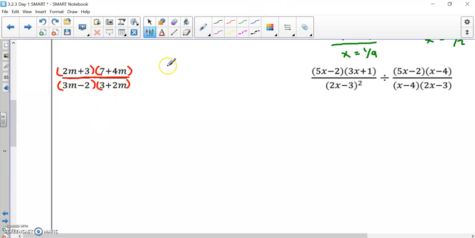But upon further investigation, you notice that this is a 2m plus 3, and this is a 3 plus 2m. You probably know by now that addition is commutative. 2m plus 3 is the same thing as 3 plus 2m. It doesn't matter what order you use when you're doing addition. So these two are the same, and therefore they cancel. That tells us that our final simplified answer is 7 plus 4m over 3m minus 2.